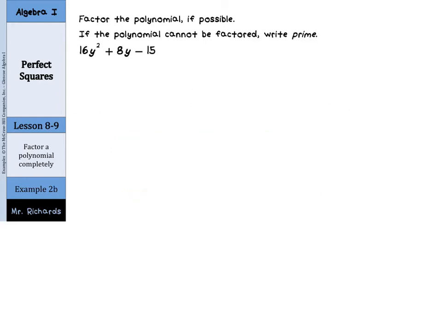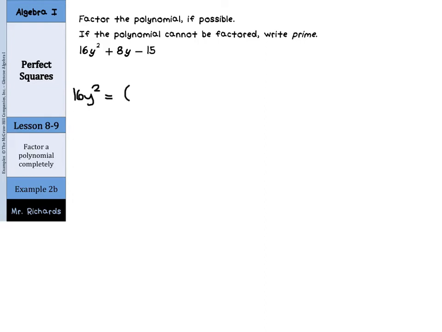In this question, we have to factor the polynomial if possible. If the polynomial cannot be factored, write prime. Our first step in our factoring methods is to factor out the GCF. Well, the GCF of 16y squared, 8y, and 15 is simply 1, so that's done. And now we want to look to see if this is a perfect square trinomial. So we need to ask ourselves, with 16y squared, can I rewrite that?